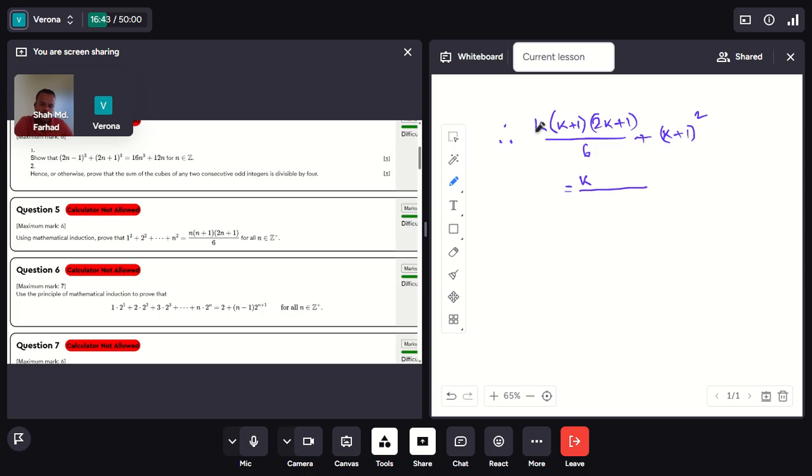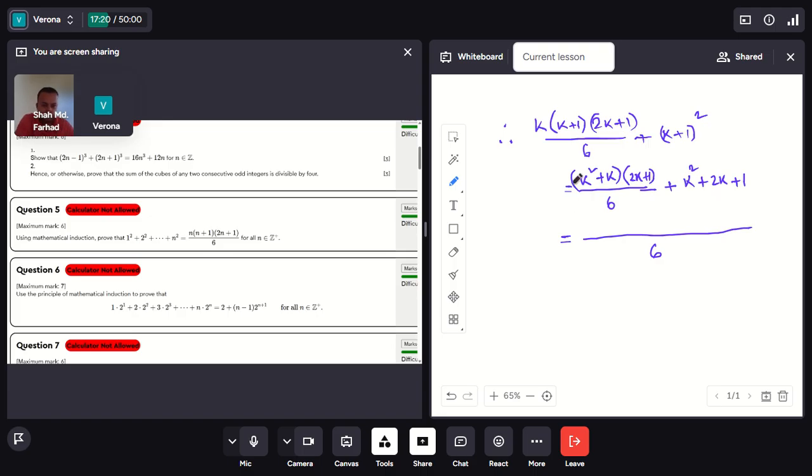If I simplify, it will be k square plus k, times 2k plus 1 over 6, and if we simplify this k plus 1 over 2, that will be k squared plus 2k plus 1, right? Then the LCM is 6.